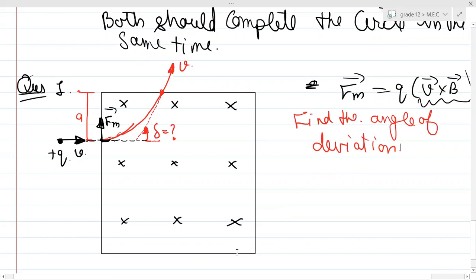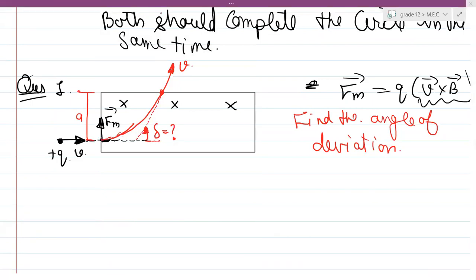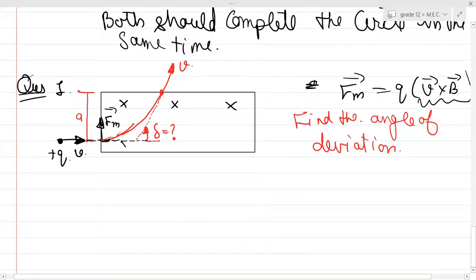Let me make the box a bit bigger. Yes, guys, please tell me fast. So what is A in the figure?